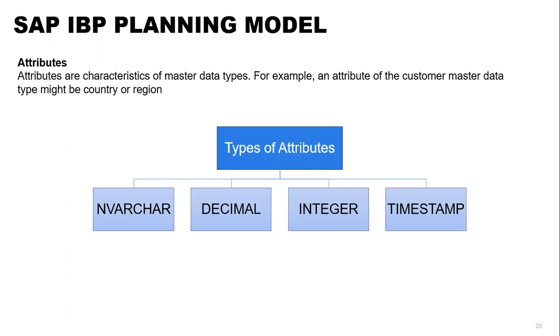If you want to define that with an attribute, a timestamp kind of attribute can be used. So at the broader level, these are the four types of attributes. Depending upon our master data, we choose one of them.